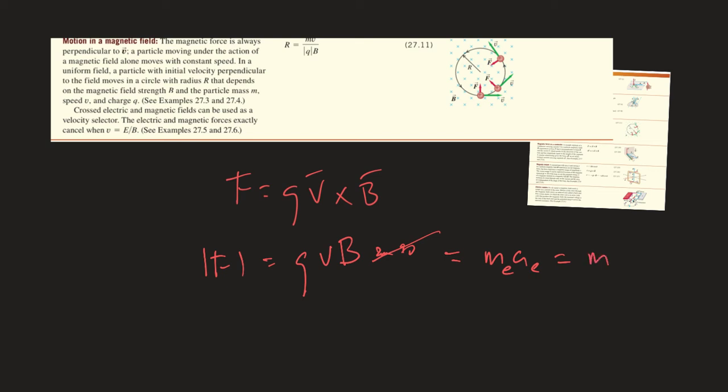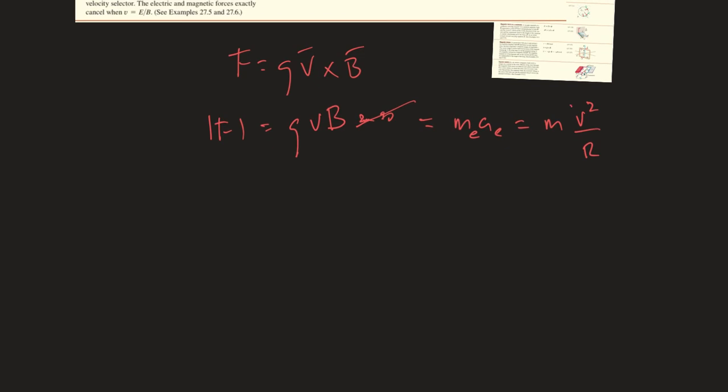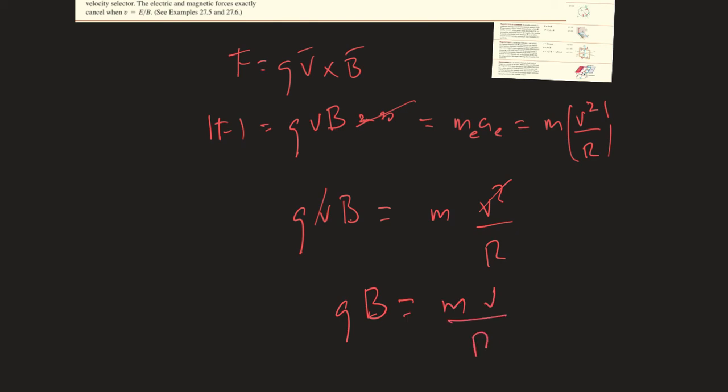But the acceleration in a circular motion is the centripetal acceleration, so it will be mv squared divided by r. This is the magnitude of the centripetal acceleration. So the equation that we will have is that QvB will be mv squared divided by r. One v will go out, and the equation will be Q by B will be mv divided by r.